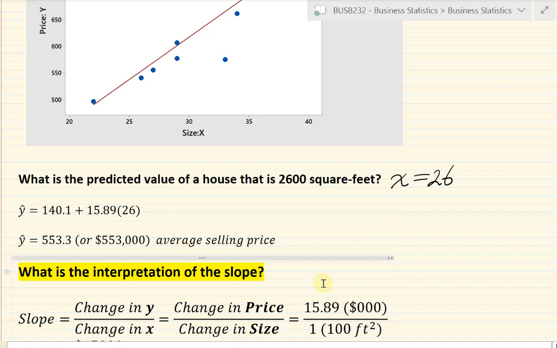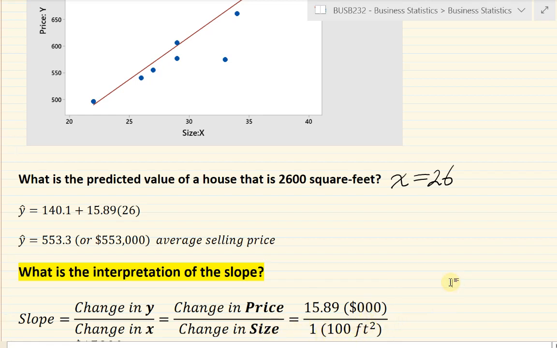And the slope of the line was 15.89. And any number, 15.89, 1 million, 1,000, doesn't matter, any number can be written as itself divided by 1. So when we try to interpret the slope, you always write the slope divided by 1. Now remember, the numerator is price in thousands, the denominator is size in 100 square feet.